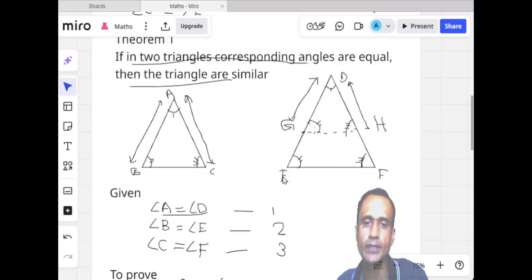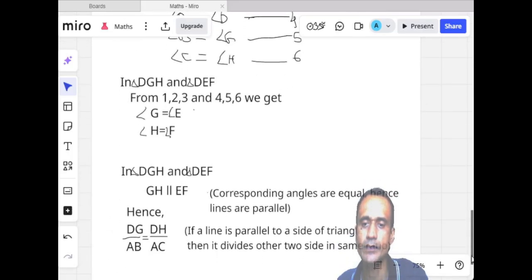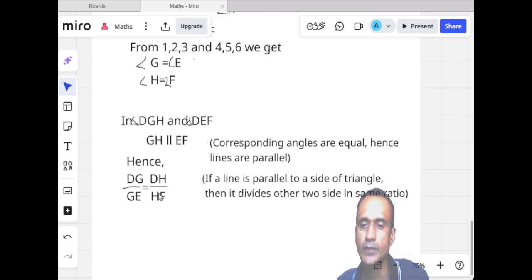So DG by GE is equal to DH by HF. Sorry, I have corrected it. So DG by GE is equal to DH by HF.